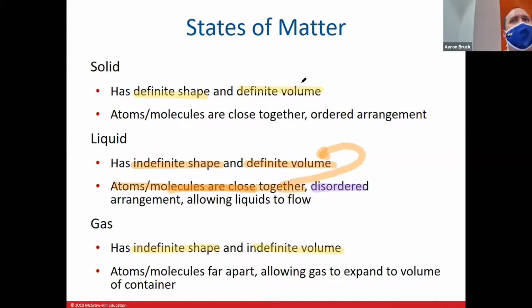That disorganization allows those molecules to flow, to move a little bit more freely. And as a result, they take on whatever shape of container they are in. That disorganization prevents them from having a defined shape, but their close proximity to each other allows them to have a defined volume.